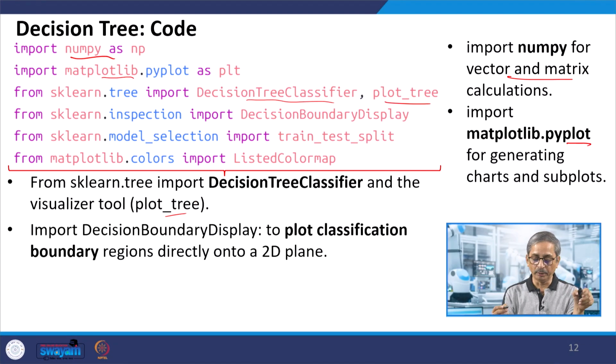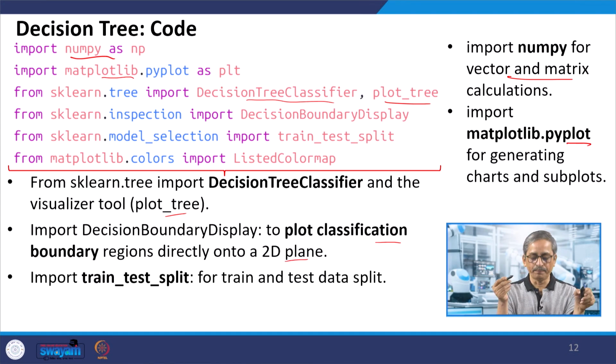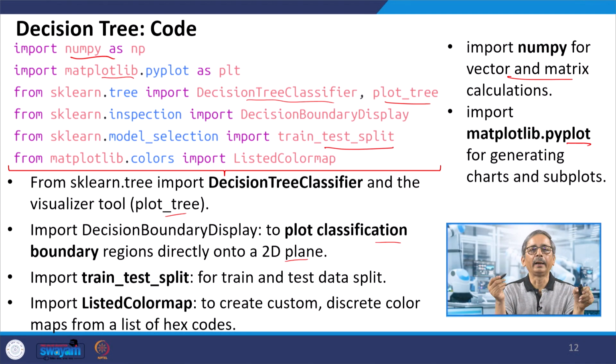Then we import DecisionBoundaryDisplay to plot the classification boundary regions directly onto a 2D plane, and train_test_split to split the data into training and test data, and then ListedColormap to create a custom discrete color map from a list of hex codes.